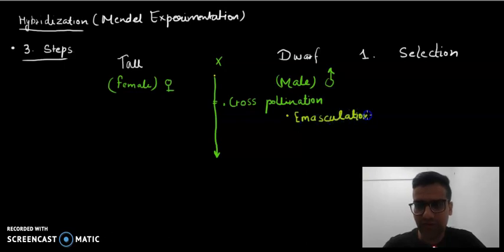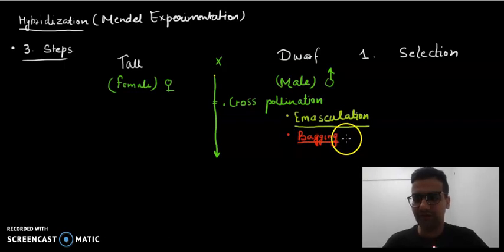Emasculation is the removal of the anther part from the flower. The second thing he did was cover the flowers with a bag. This process is known as bagging, and it is for preventing unwanted fertilization, unwanted cross pollination.